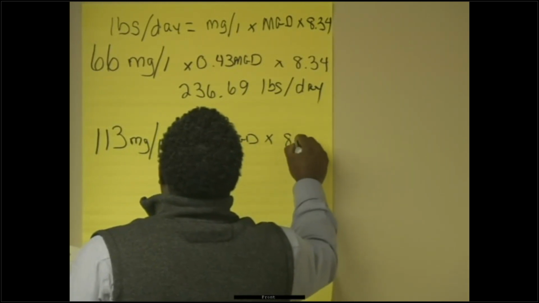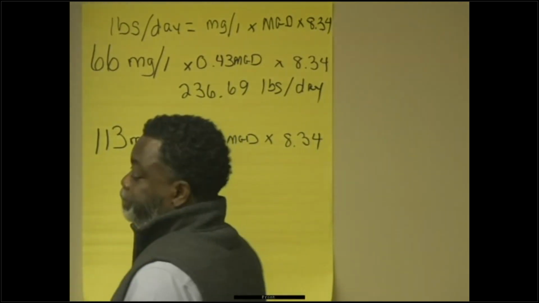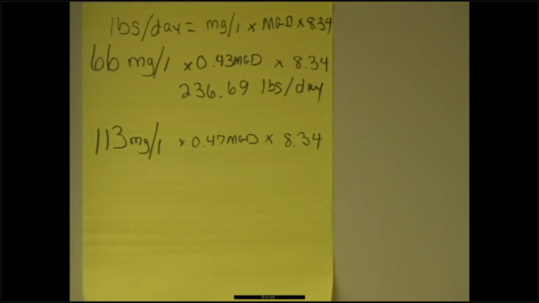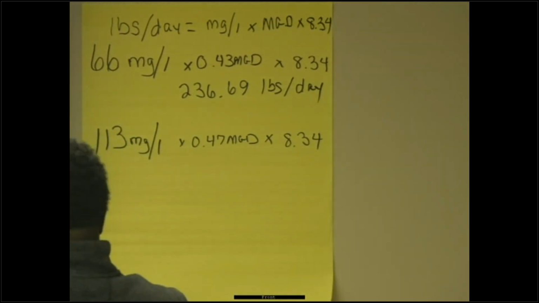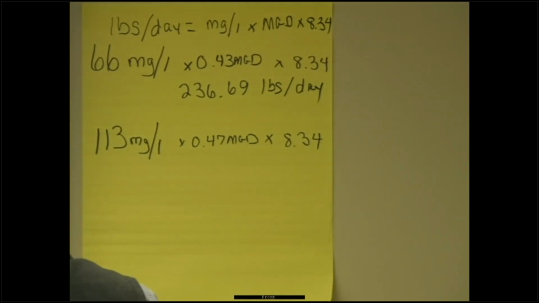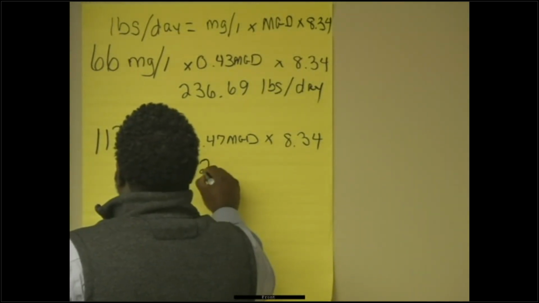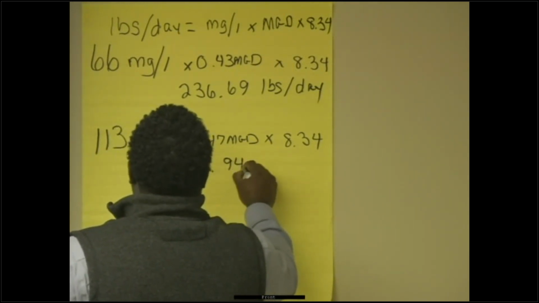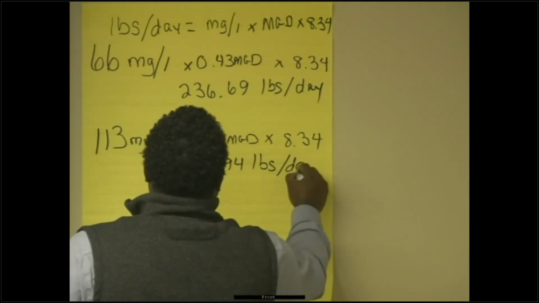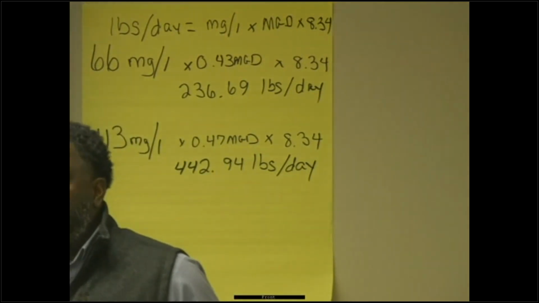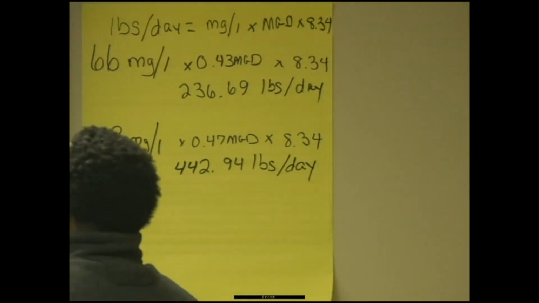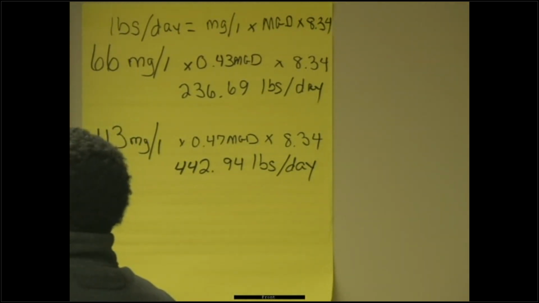And of course, we've got our constant of 8.34. So again, calculator work. 113 times 0.47 times 8.34 equals 442.9374. We're going to call it 442.94 pounds per day.